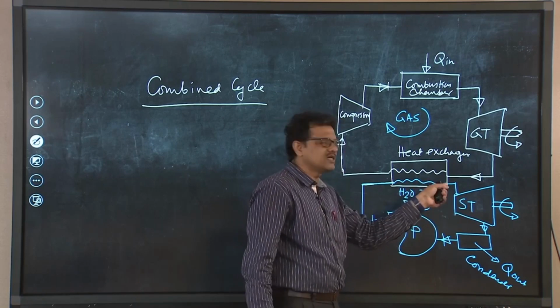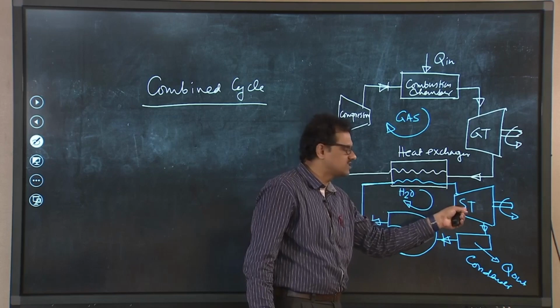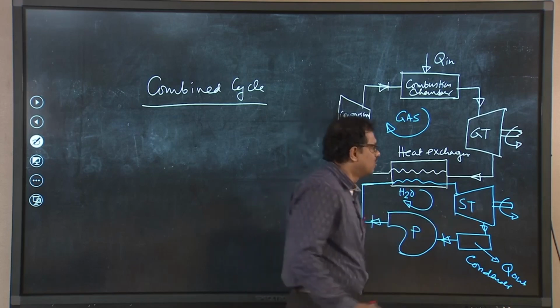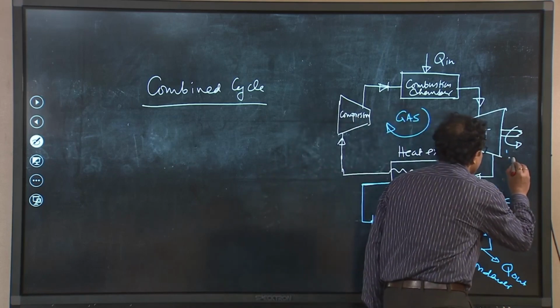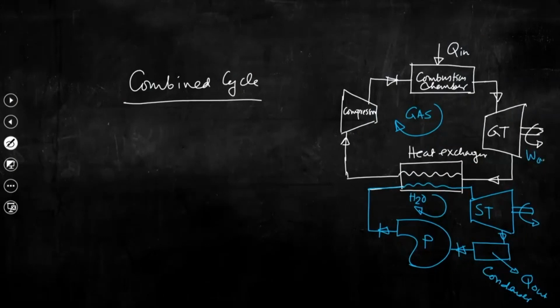So, the steam expands in the steam turbine and we get work output. Here we are getting W out 1, we are getting W out 2, right. So, if we can run this unit, we get work output from the gas turbine and work output from the steam turbine, though a certain amount of work needs to be supplied to the compressor here.